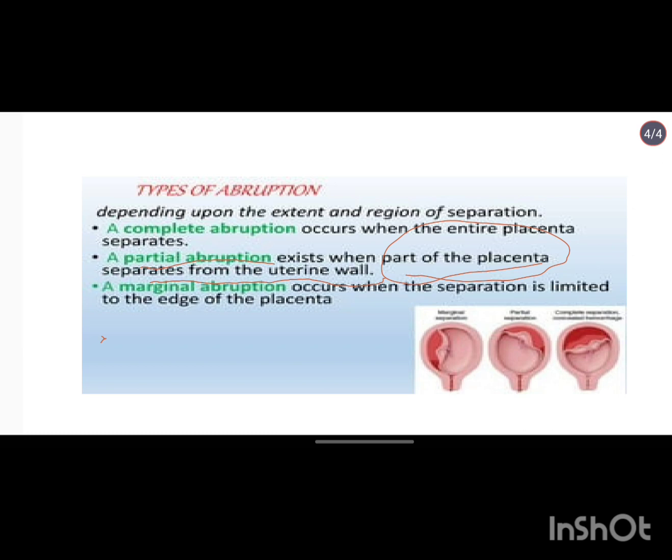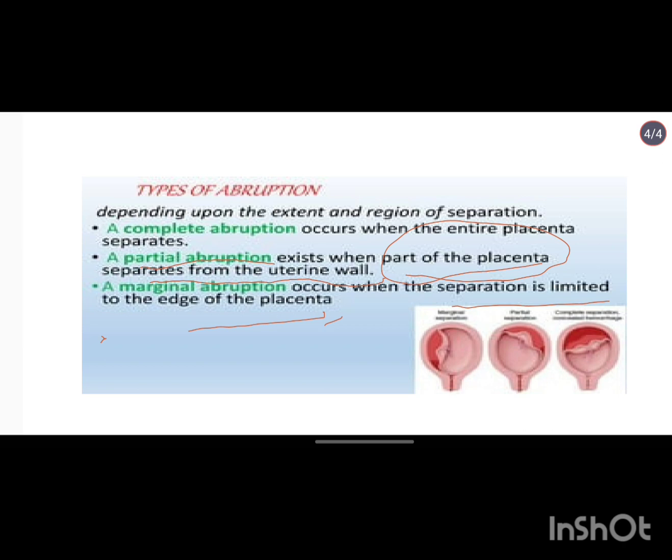And the third one is marginal abruption, when the separation is limited to the edge of the placenta. Here the placenta gets separated only at the edge. So that is why it is called marginal abruption.